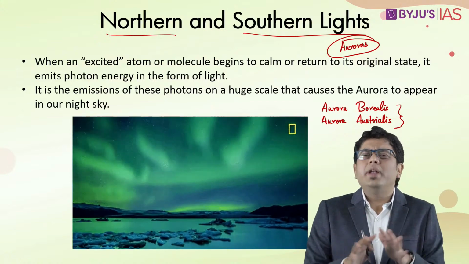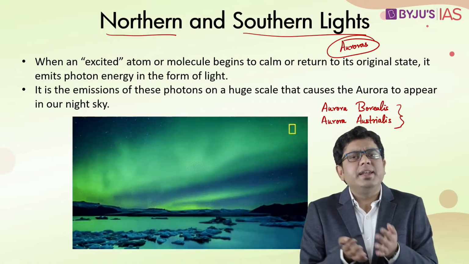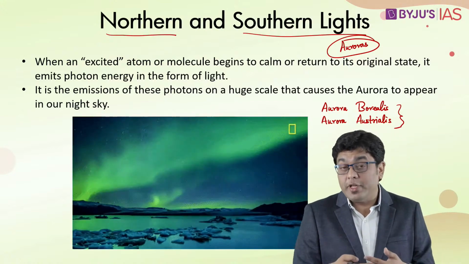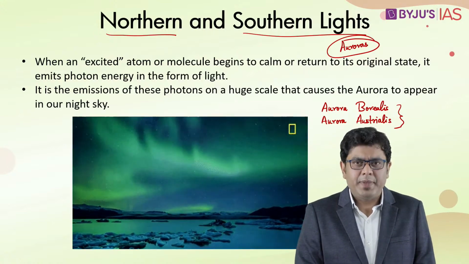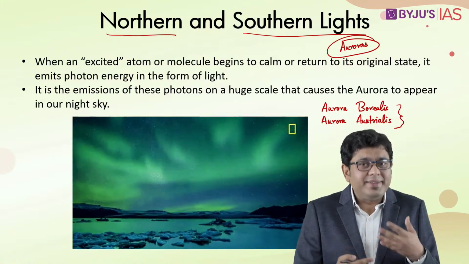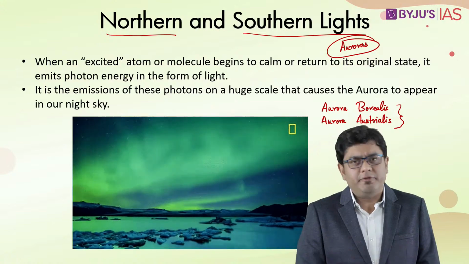It is okay to understand that when the charged molecules of oxygen and nitrogen return back to their normal state, they end up emitting lights. But then, why is it that we get to experience such great patterns of light?